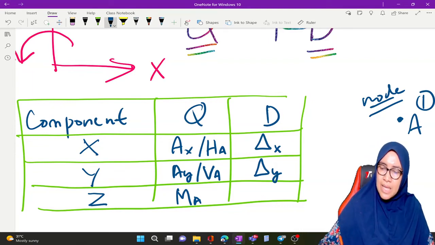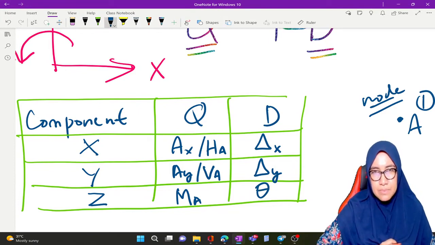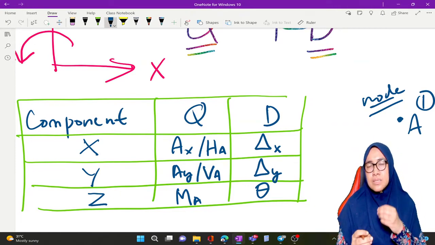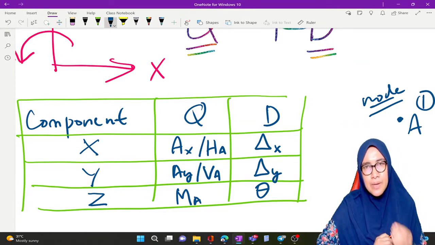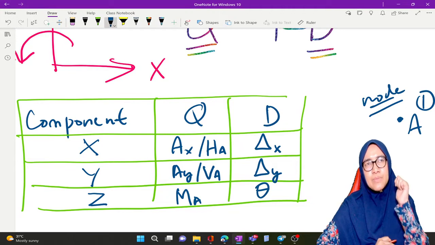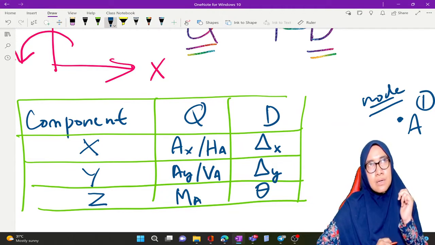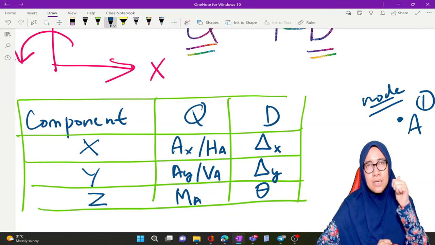It is theta. Theta represents Z component. We call it rotational displacement.